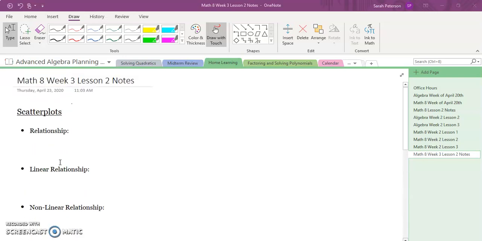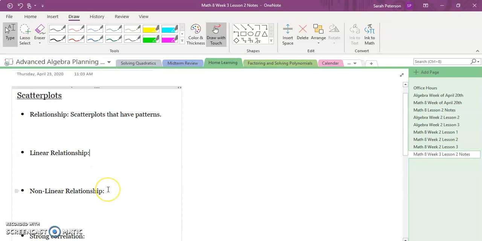So the relationship of a scatter plot: you're looking for scatter plots that have patterns. A pattern would be a line. If it makes a line, it's a linear pattern, and if it makes a curve, it's a nonlinear pattern. You're probably familiar with those words before.